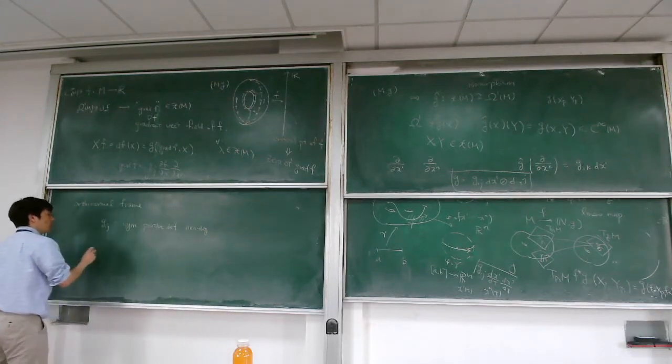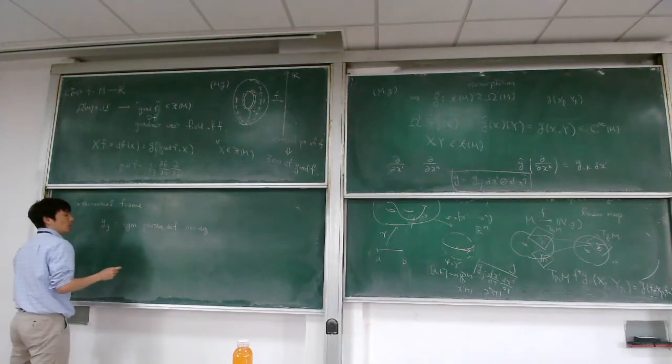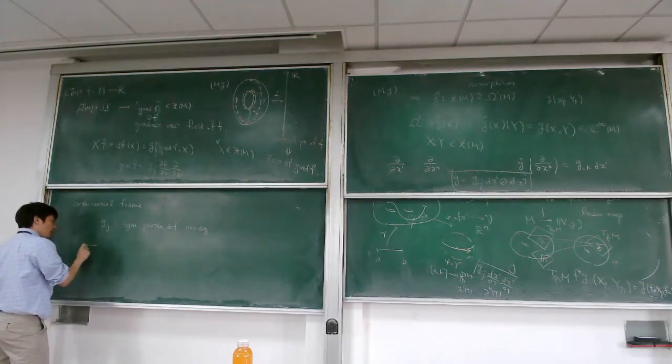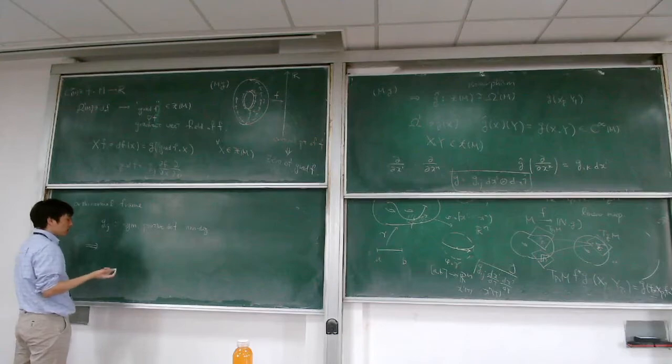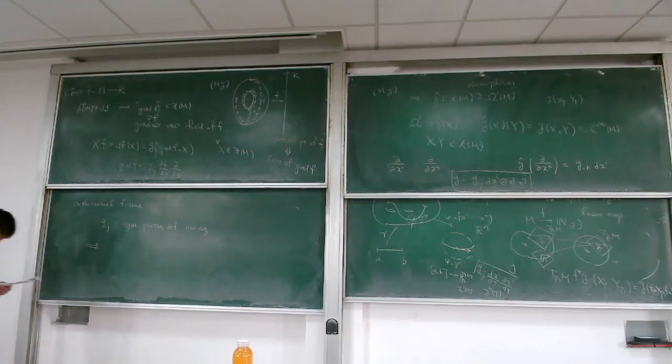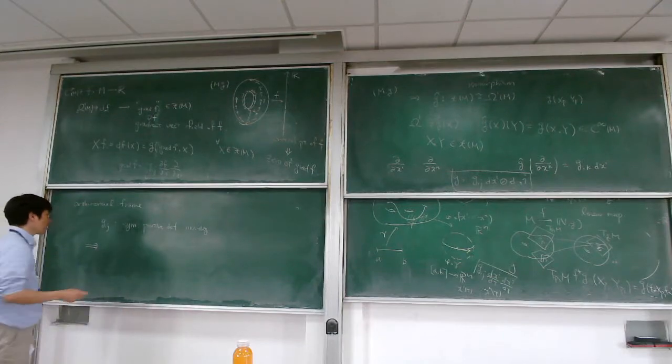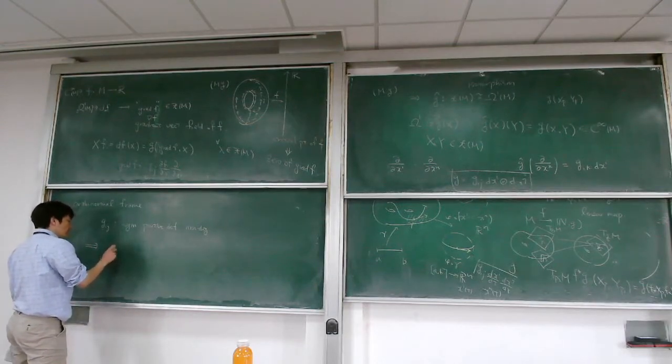Therefore, locally at a point P, by using a linear transformation, linear algebra tells us that you can always diagonalize.